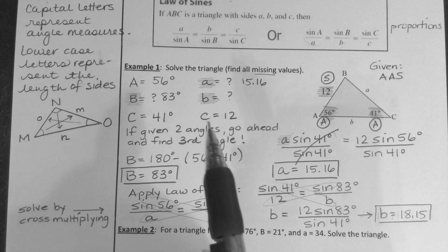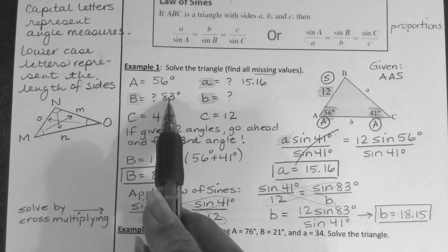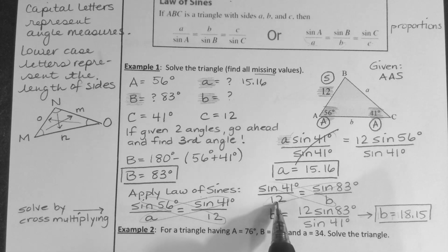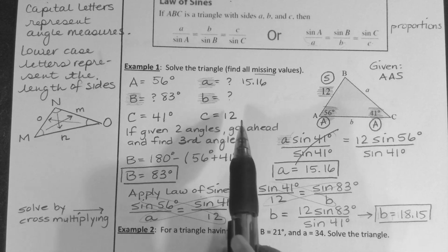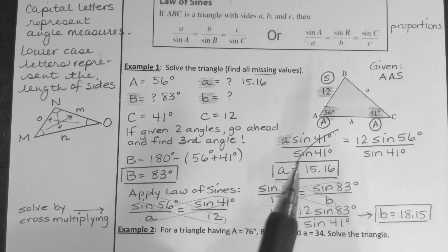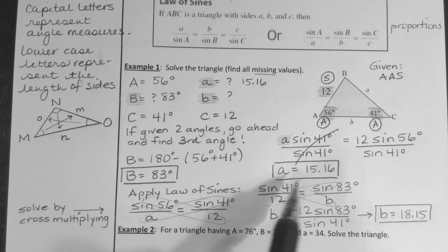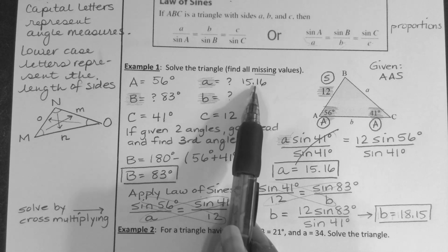So what I'm saying is, what if the student had used sine of 83 over, instead of 12, they used, no, I'm sorry, you're looking for B. So sine of 83 over B is on this side. What if you had used sine of 56 degrees here over the A value of 15.16 that you just found?